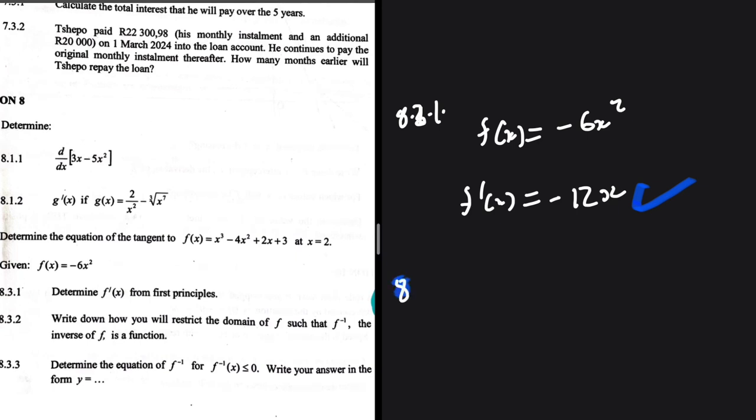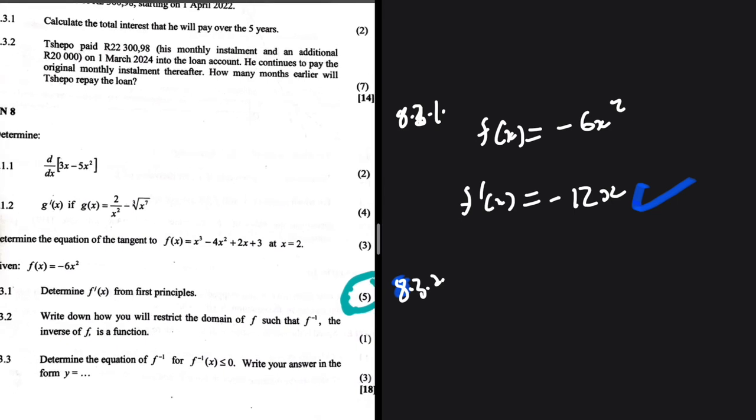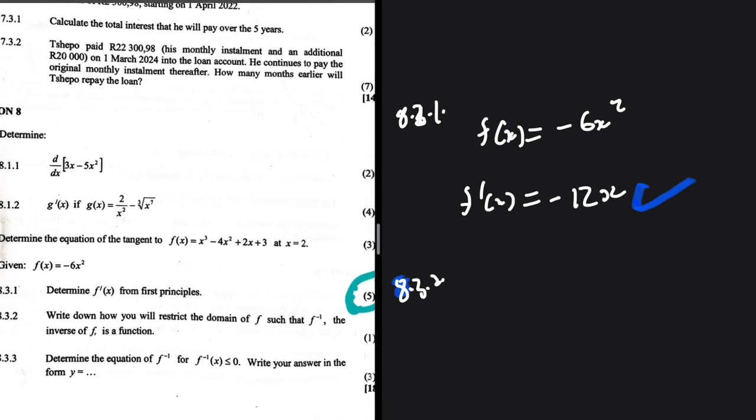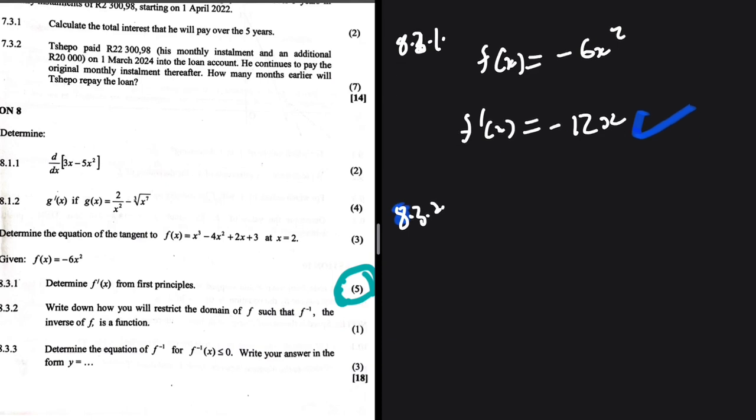And then 8.3.2, write down how you will restrict the domain of f such that the inverse of f is a function. Okay, in order for me to explain this, I will also be answering 8.3.3 in the same way. Let me show you why. Okay, so y is equal to minus 6x squared, right?